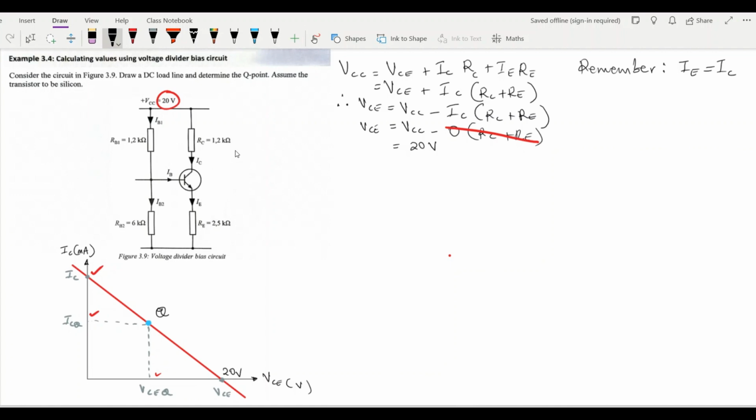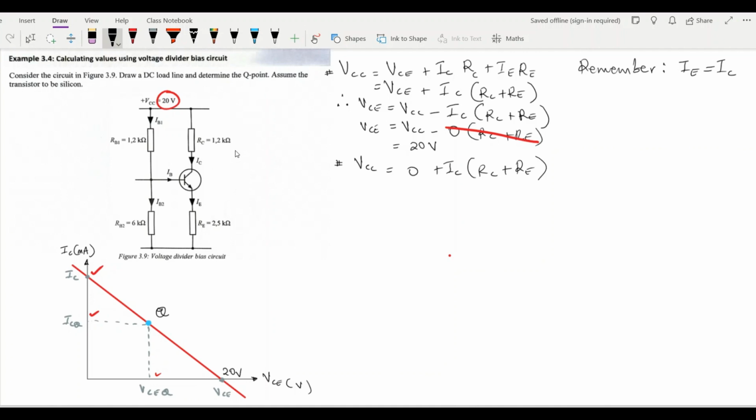If we say this was step 1, now we're looking at step number 2. Here, VCC is equal to VCE, which is 0, plus IC into (RC plus RE).